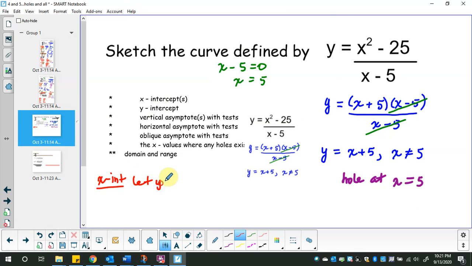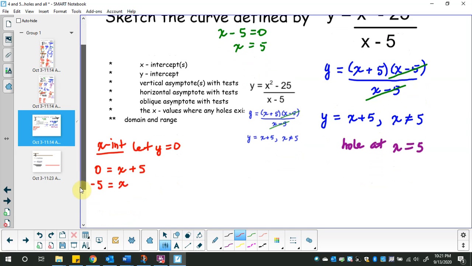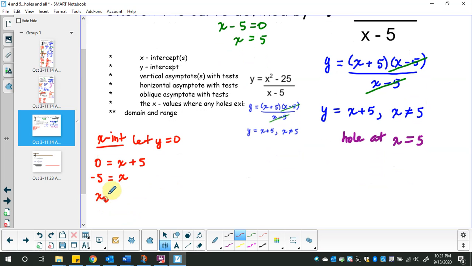X-intercepts. Let y equal 0. So that's 0 equals x plus 5. I don't need to put it over 1 because I don't need to cross multiply. So negative 5 equals x. And just because I think that looks a bit weird, I'm going to flip it over and say that the x-intercept is negative 5.